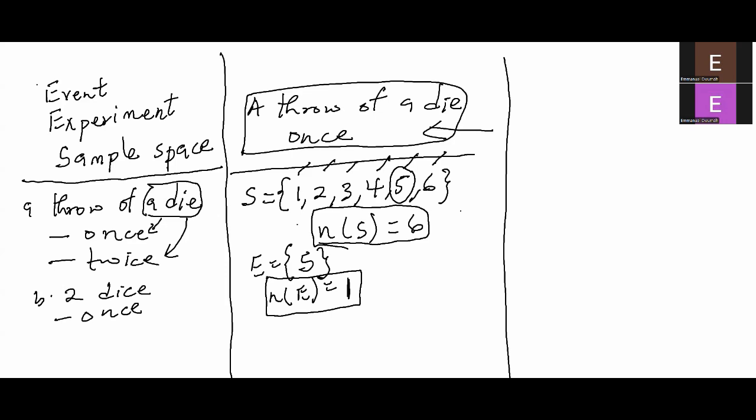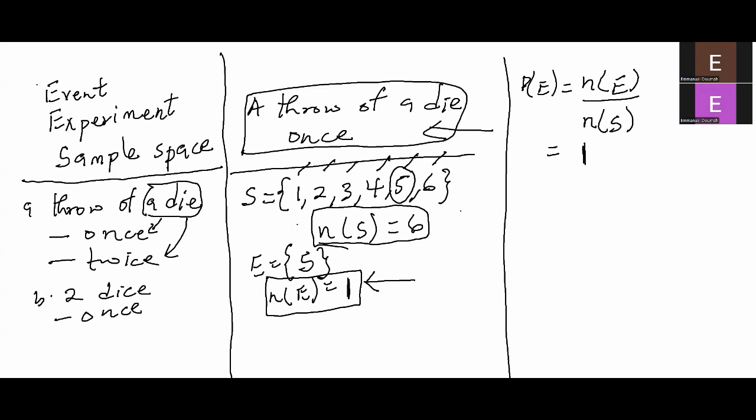So what do we do? We now write the formula for finding probability, and it is P of the event, probability of the event, is equal to the number of the event over the number of sample space. So what did we get for the number of events? We got 1. So we will put 1 in place of the number of events.